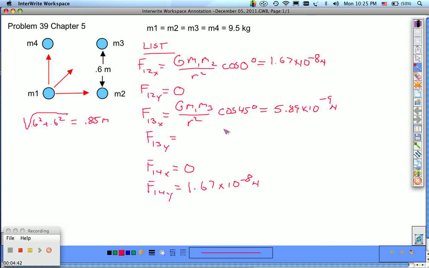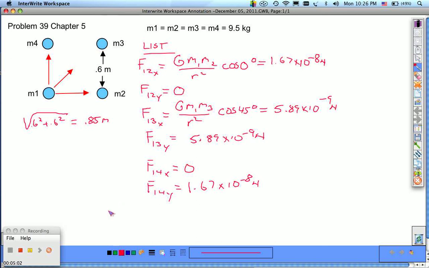So practice that, make sure. Since symmetry tells me that the x and y components are the same for a 45-degree angle, I'm just going to cut to the chase and write down 5.89 times 10 to the negative 9th. There we have it, all our components.